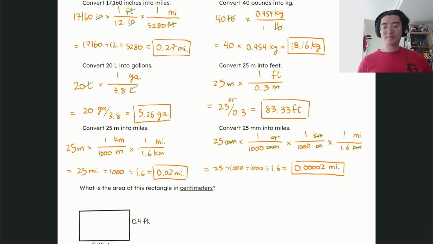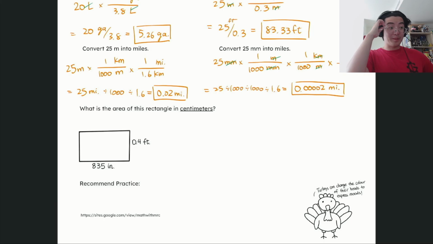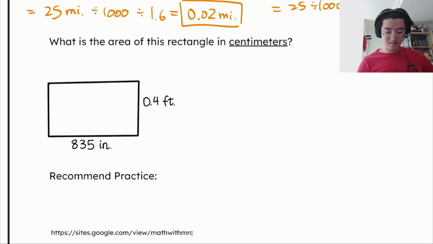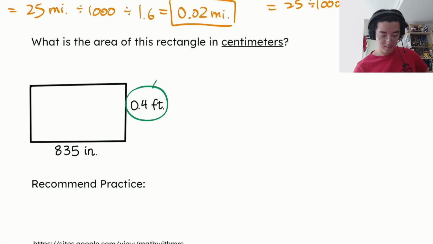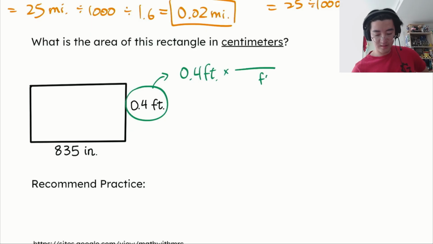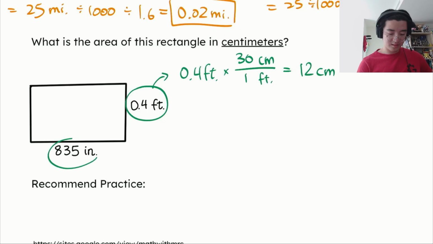Okay, there we go. And lastly, same question as last time, what's the area in centimeters? Of course, we have to convert. Feet into centimeters is 0.4 times 30, which is 12.